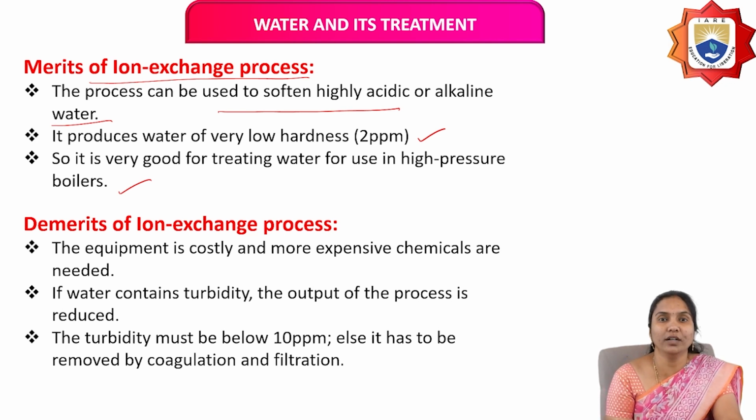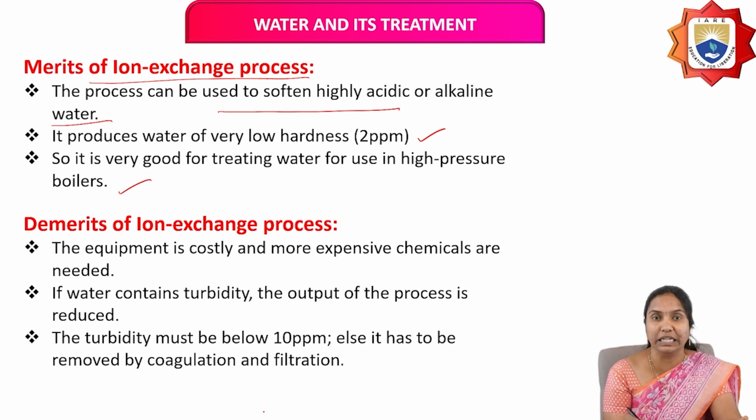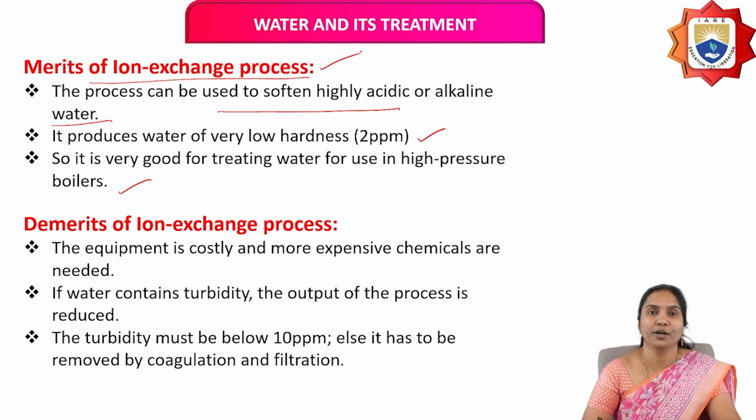We can avoid that type of problem by using this ion exchange method, because it completely removes all the hardness causing ions. Also it removes minerals. So there is no problem in the boilers. This water is most preferable in high pressure boilers, avoiding all the boiler troubles. These are the main merits of the ion exchange process.